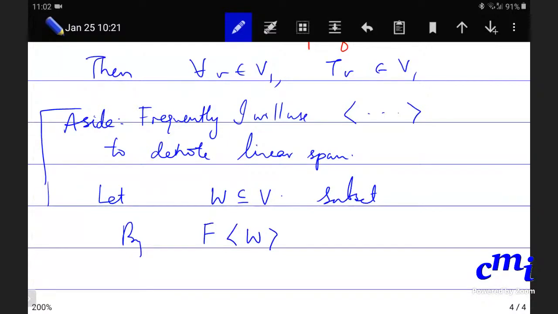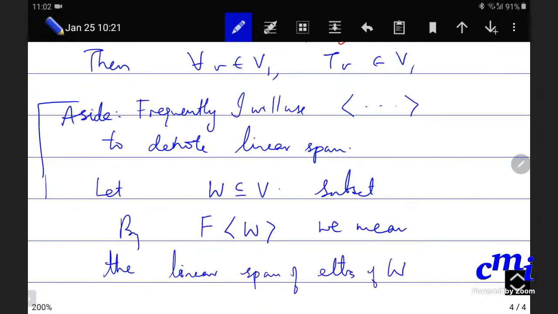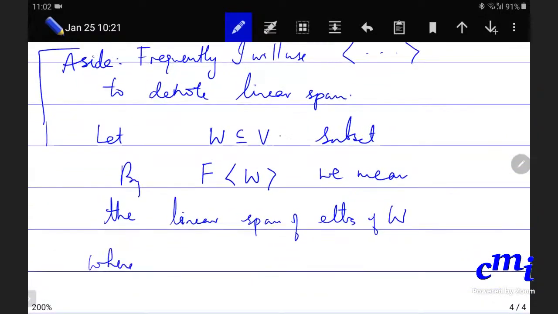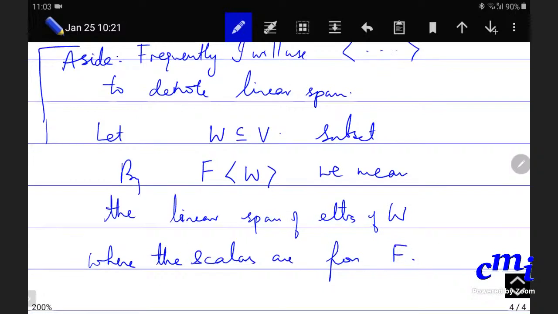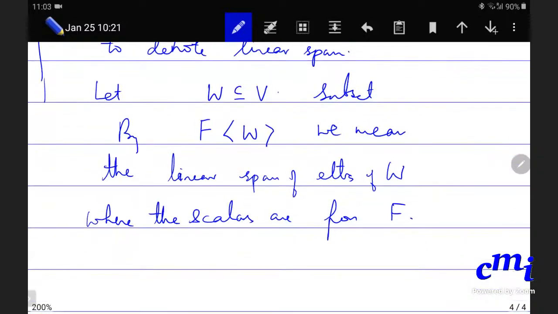By F angle brackets W, we mean the subspace, the linear span of elements of W, where the scalars come from F. Sometimes when we think about complex vector spaces, they're also real vector spaces.